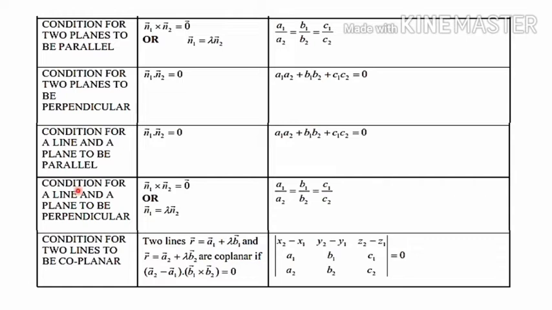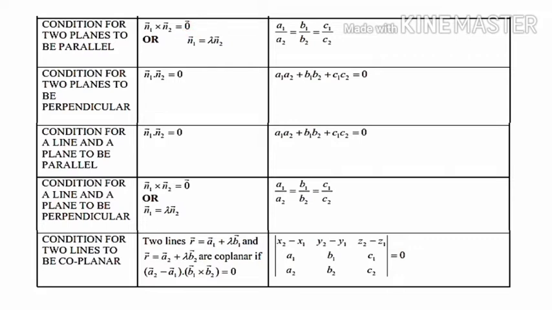Next one is condition for a line and a plane to be perpendicular. That is vector n1 cross vector n2 is equal to 0 vector, or vector n1 is equal to lambda into vector n2. Or else a1 by a2 is equal to b1 by b2 is equal to c1 by c2. Here also condition for two planes to be parallel and condition for a line and a plane to be perpendicular, both are same conditions.